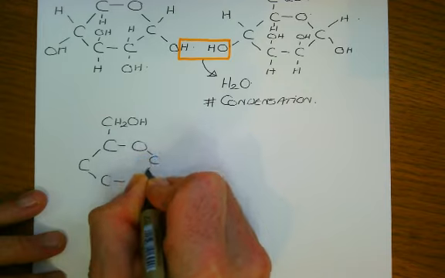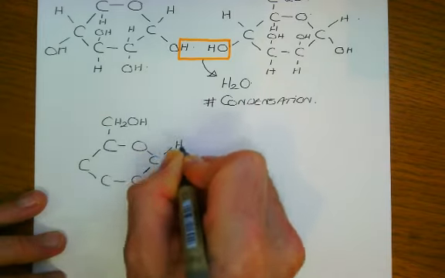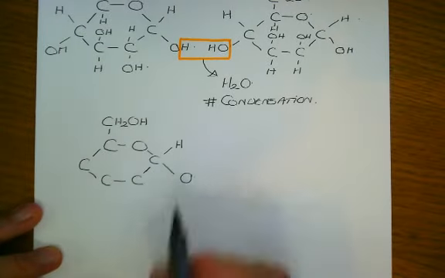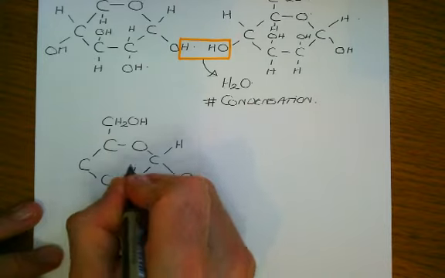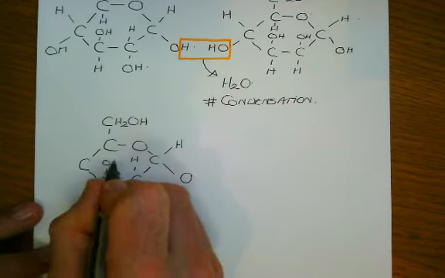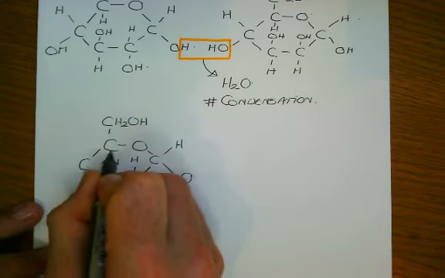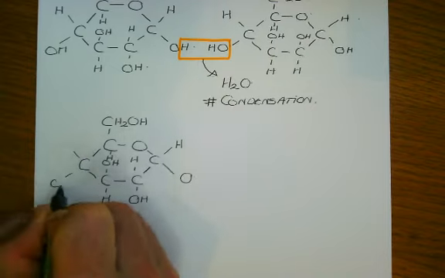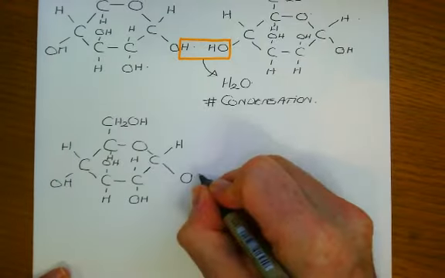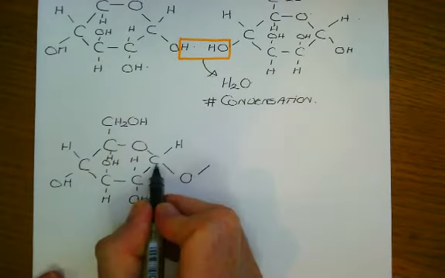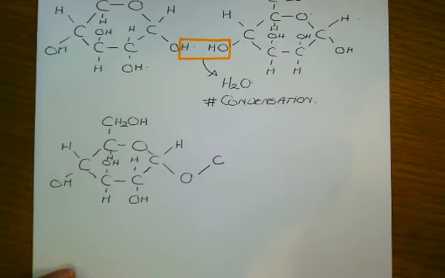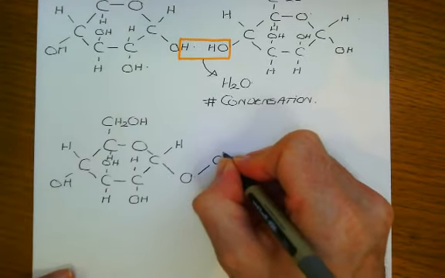So if I just draw that out again quickly, the important bit is to see the formation of the bond, the glycosidic bond that's going to form at this position here. So this is the really important bit.